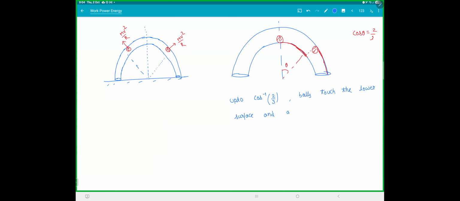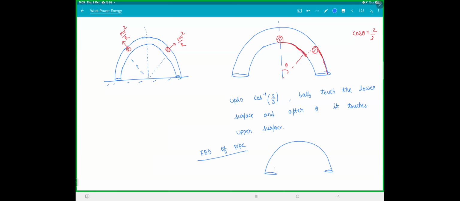Alpha is not given there, Ishma. Need to find that also. And after theta, it touches the outer layer, the upper surface. And because you're touching the upper surface, if you actually draw the FBD of the pipe, this is what you will notice.